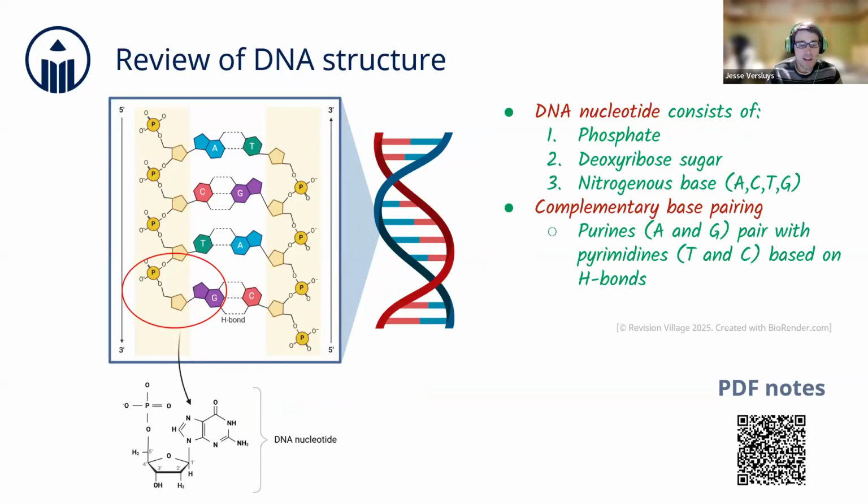So we have the phosphate, which is going to form part of the backbone, and here's a phosphate molecule here, surrounded by oxygens. And we've got our deoxyribose sugars. Those are our little pentagonal structures here. And for DNA, it's deoxyribose. For RNA, it would be ribose.